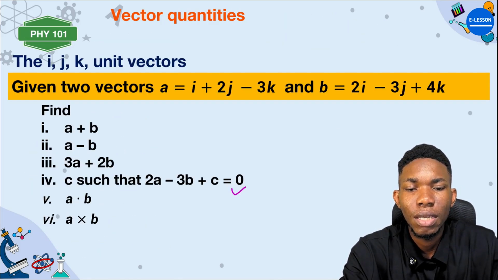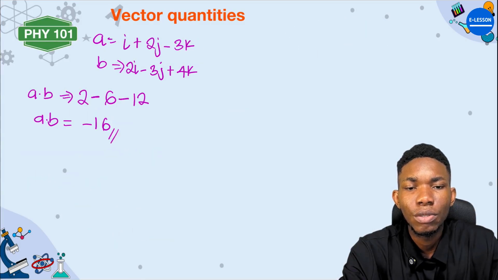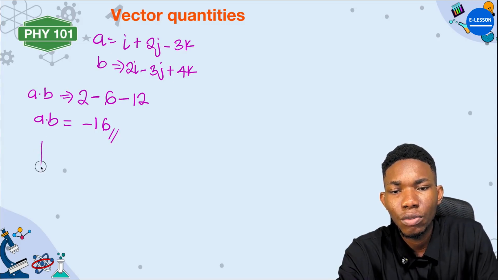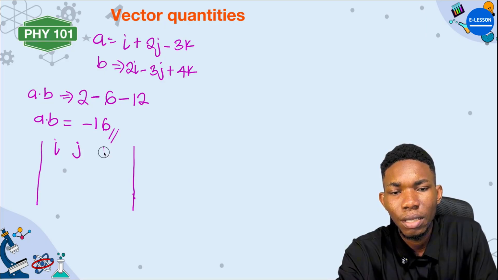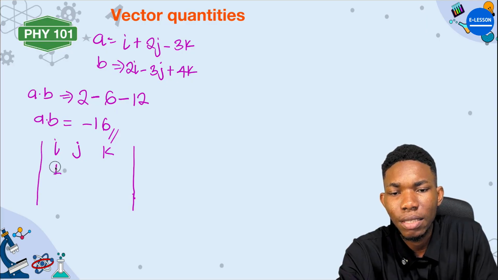The next question says A cross B. Now, what did I tell you you are to do when it comes to cross? First, I said you are going to rule 2 lines like this. On top of the lines, what are you going to put there? i, j, k. For A, i is 1, since it's just i.